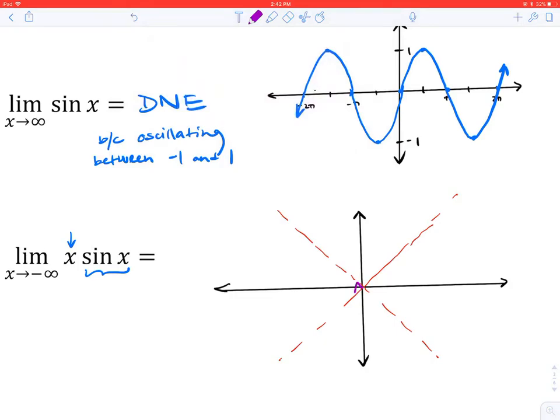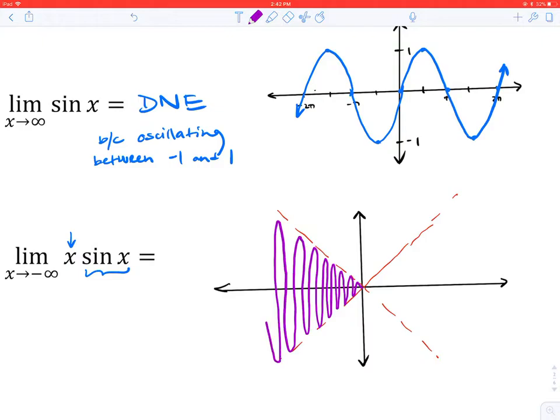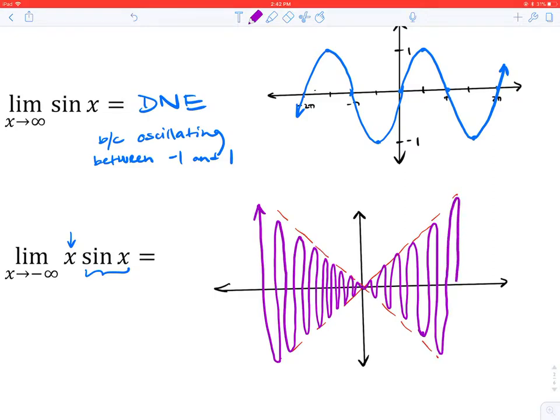this graph is going to be oscillating, going back and forth over the x-axis, but eventually it's going to be going from really, really small values of y to really, really large values of y, and it'll keep switching back and forth.